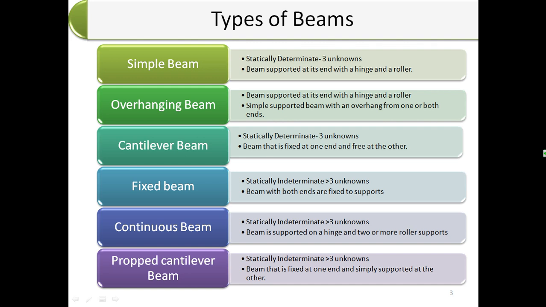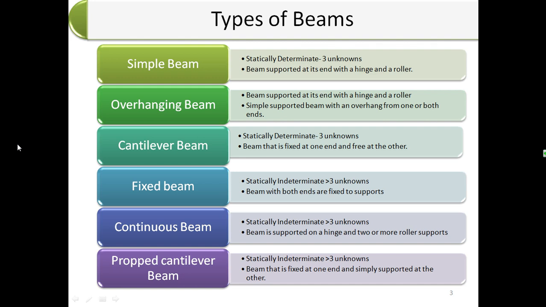What are the statically determinate beams? One is a simple beam, where one end is a hinge and the other end is a roller. The other is an overhanging beam. An overhanging beam is a simply supported beam extended at one end beyond the right support or beyond the left support, anywhere.